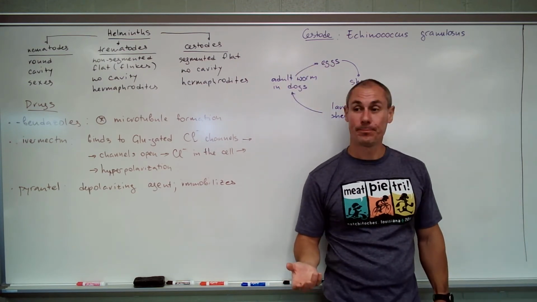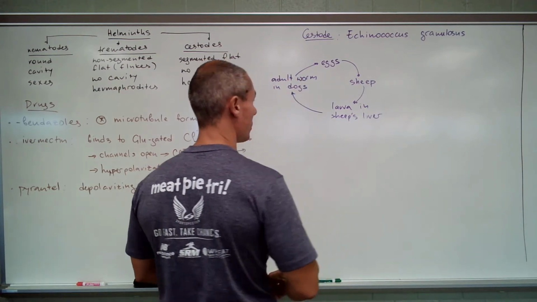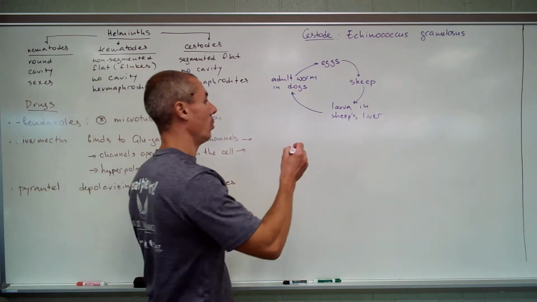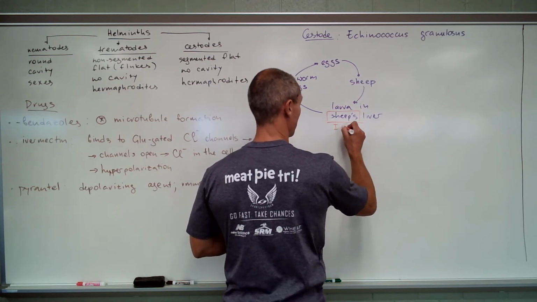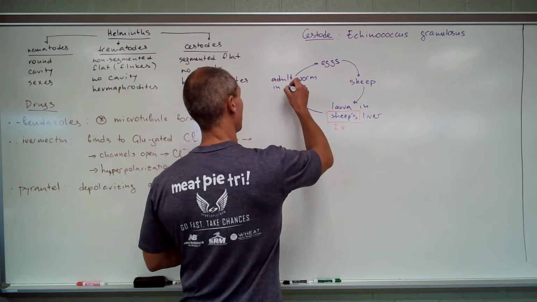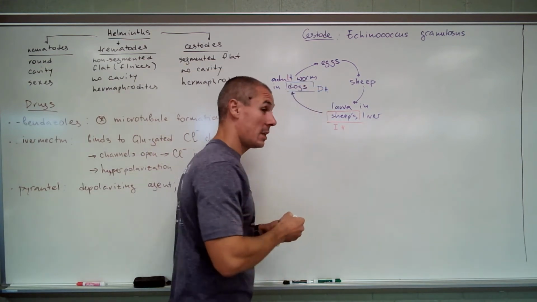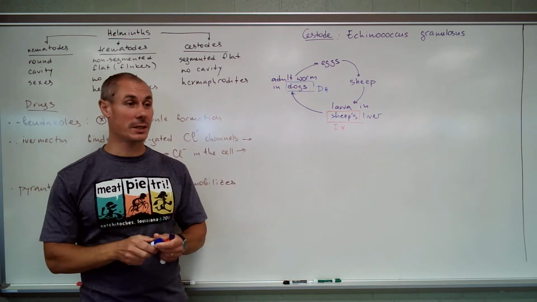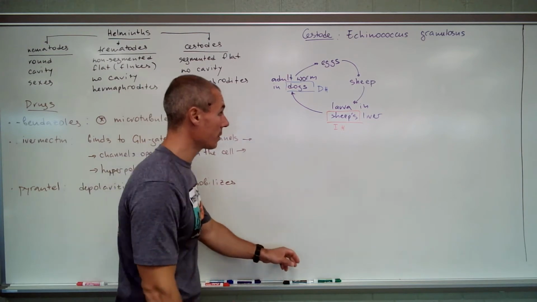That makes sense? So, first of all, what's the definitive and what is the intermediate host? Intermediate host, sheep. The definitive host, dogs. Anyone see any humans in the cycle? No, I didn't think so either.